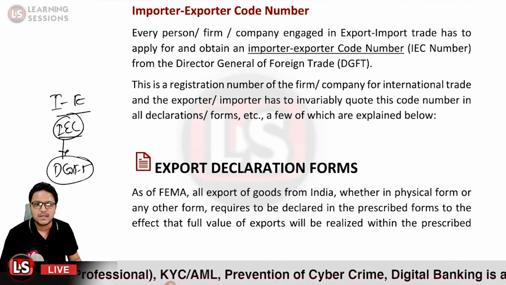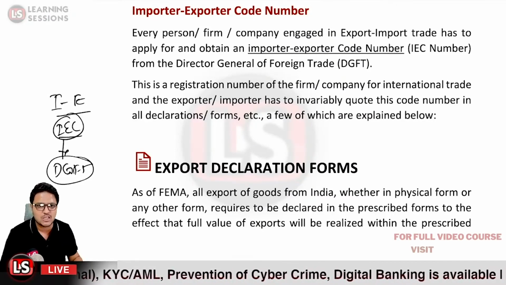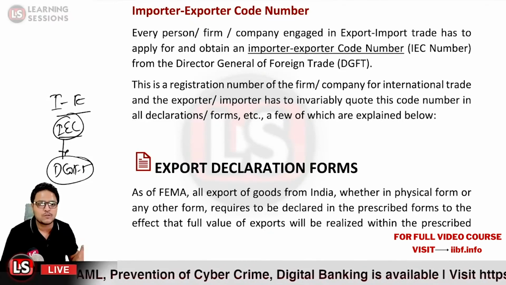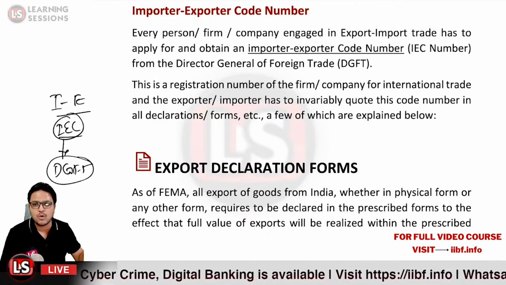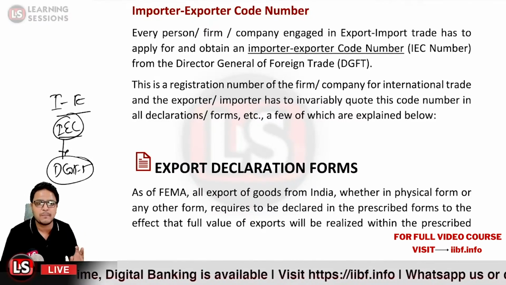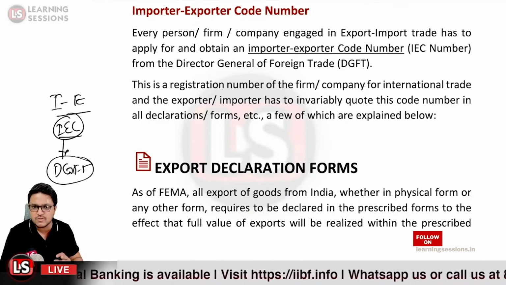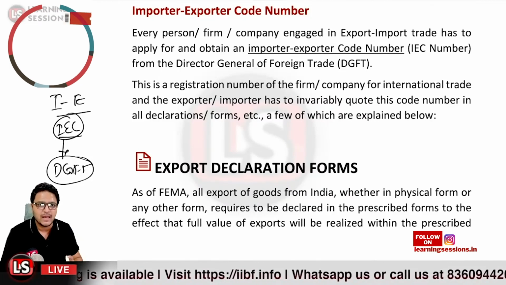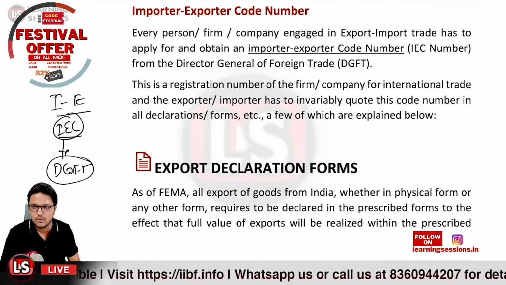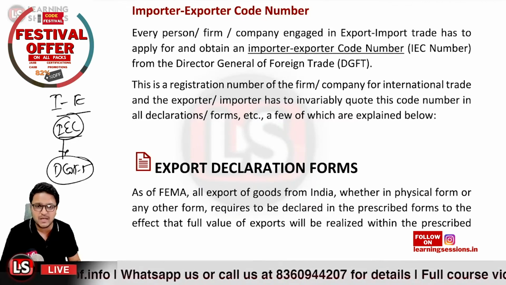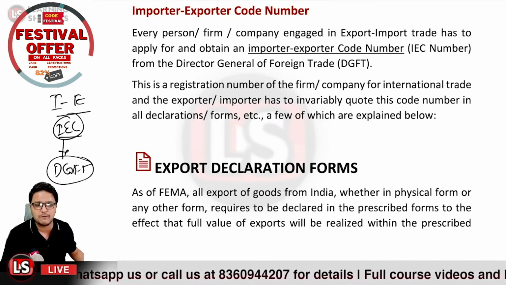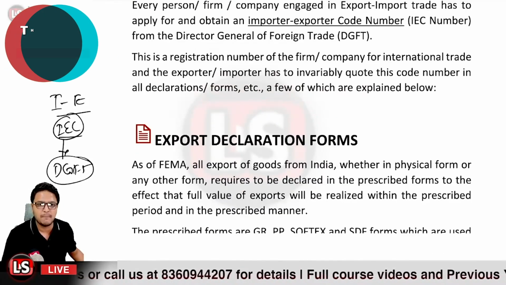As per the FEMA, the Foreign Exchange Management Act, all exports of goods from India, whether in physical form or in any other form, are required to be declared in the prescribed form. There are different forms related to that, and you need to submit and declare those forms, which have been prescribed as per the FEMA.